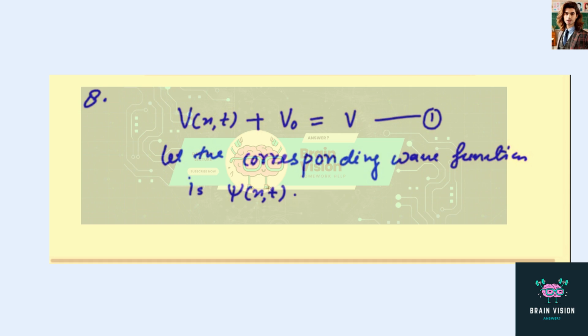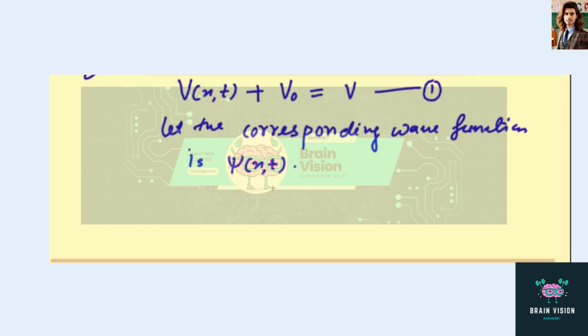So we have to show that there is a time dependent factor, that is e power minus i V naught t by h bar. So let's do this problem. We know the Schrodinger wave equation.